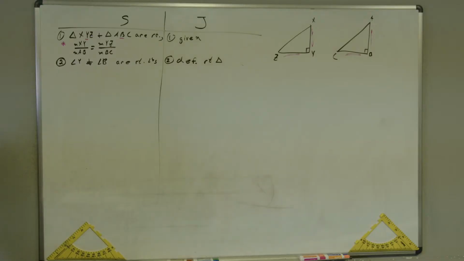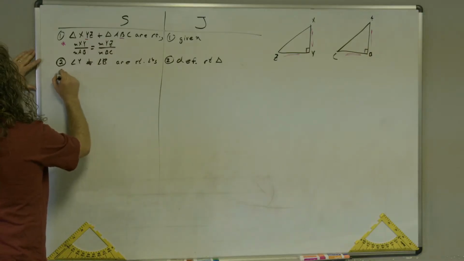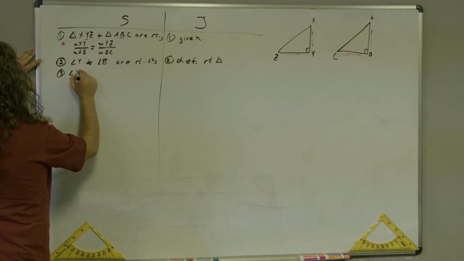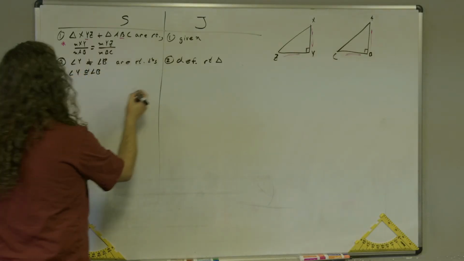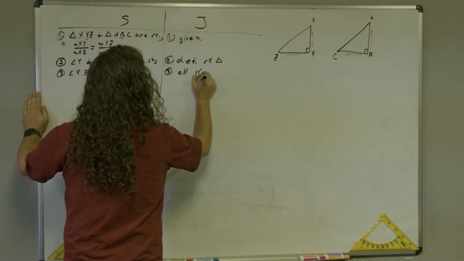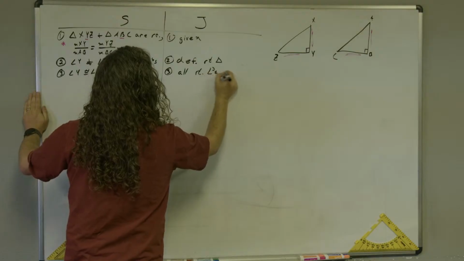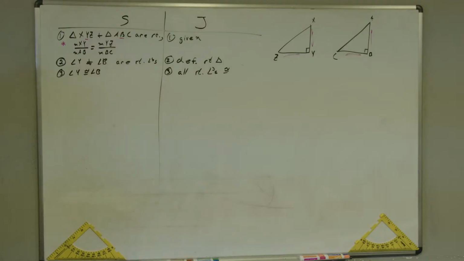True enough. If you didn't put this line on a test, I wouldn't count off any points. This number 2 line. Now this number 3, because of the nature of this proof, you would need to put in there. And that is that angle Y is congruent to angle B because all right angles are congruent. All right angles are congruent, right?